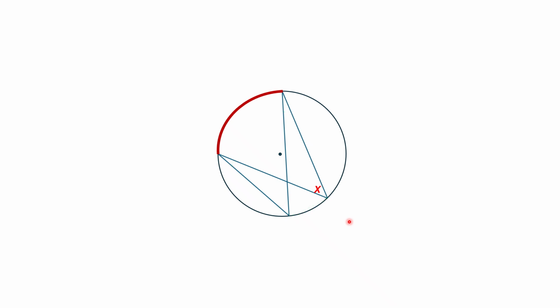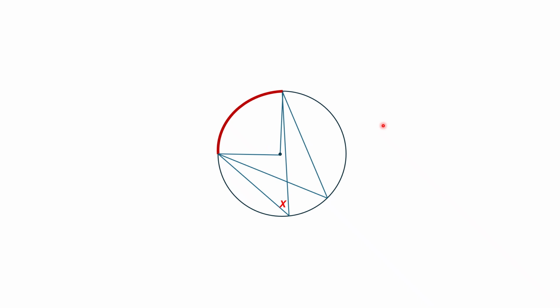Now, let's look at the central angle theorem. This is a nice one. So, angle x is made on the red arc. If another angle is made on the same arc, but from the center of the circle, this angle is going to be double of x. So if x is 50, this is 100 and so on.